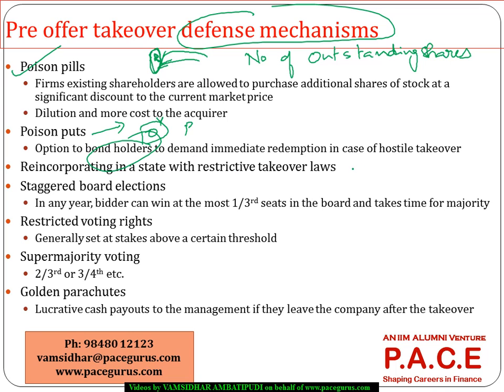In some states, the takeover laws are very much favoring the target, not the acquirer. Meaning if the target is not interested in surrendering itself, the laws will prevent the acquirer from going further.